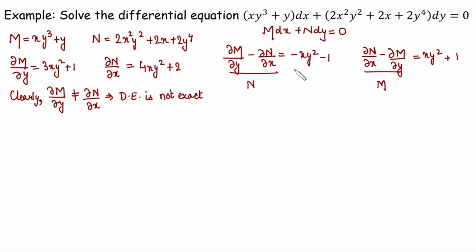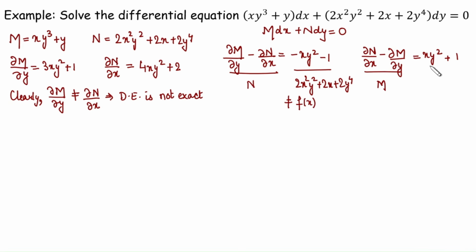If we divide this term by n, it is equal to 2x square y square plus 2x plus 2y raised to power 4. After simplification, it should be a function of x. Can we remove y by any factorization form? No. It means we are not getting a function of x in this case.